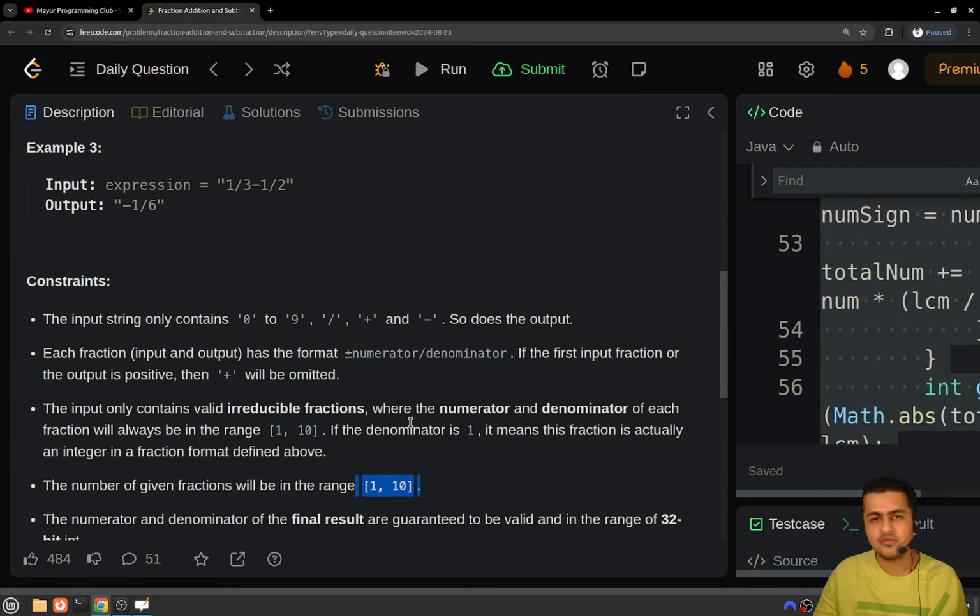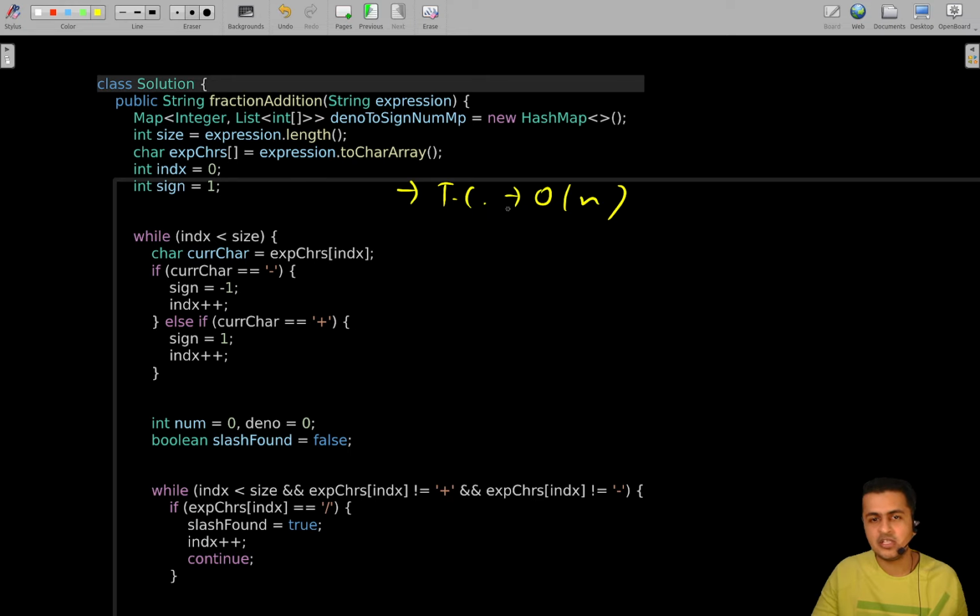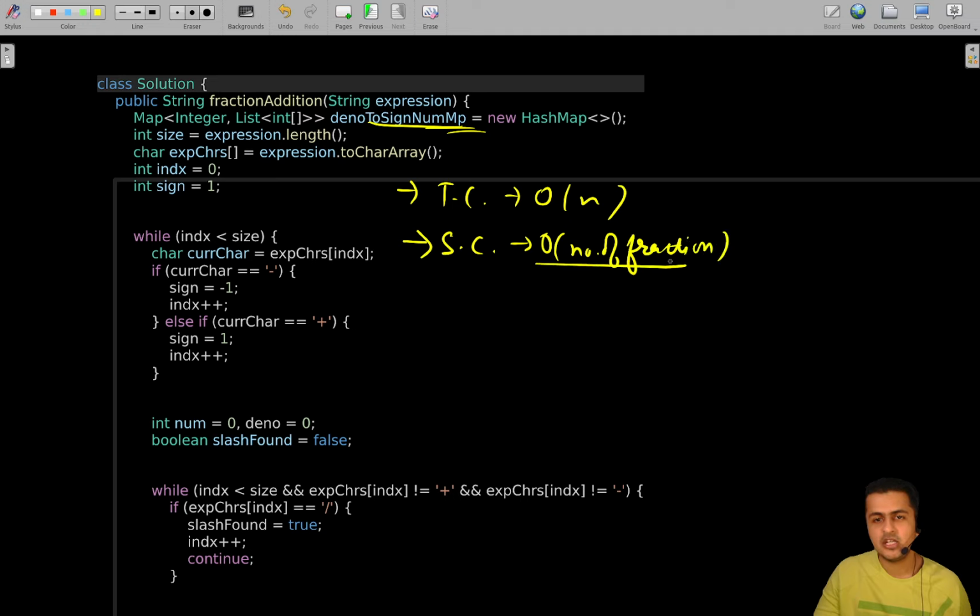So that's why it is order of n time complexity, almost linear. Space complexity wise, the fractions that you will have will be stored in this map, so order of number of fractions. Other than that, we are not using any extra space here. So these are the complexities and this is the approach.